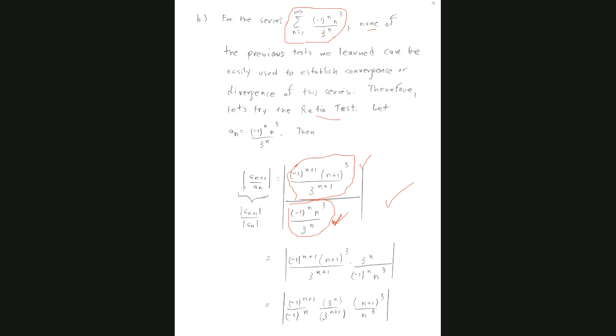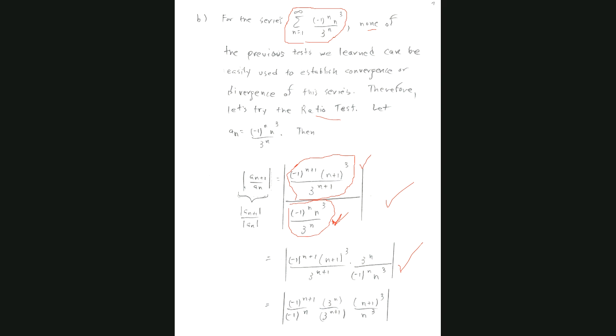So I have to do a little simplifying here, but are there any questions getting to this step here? All right. Well, what I'm going to do is group terms together.